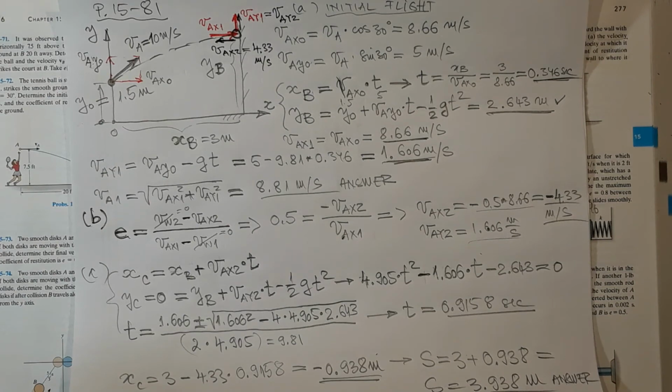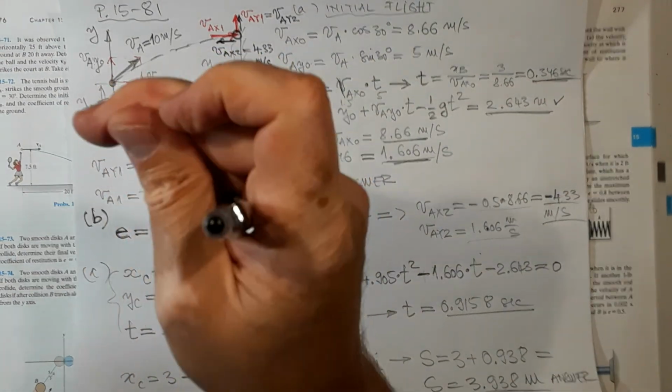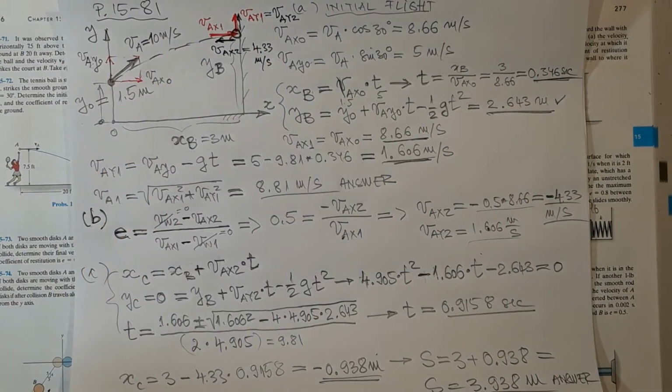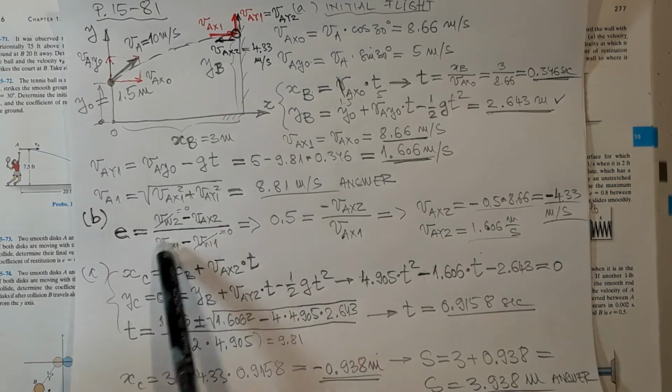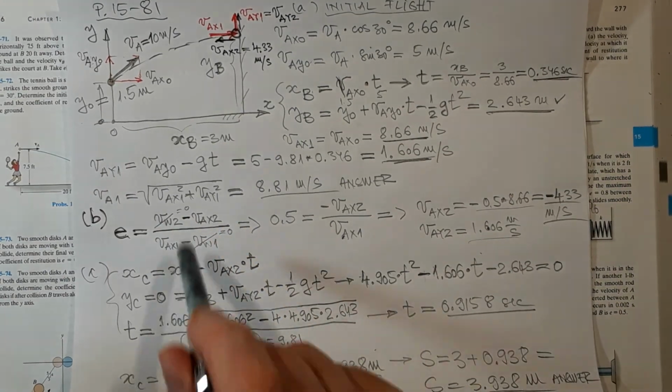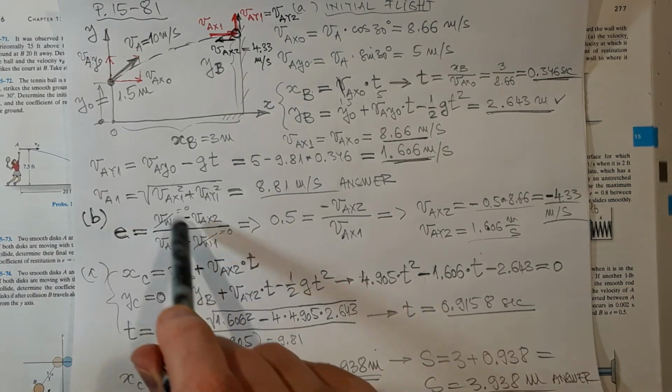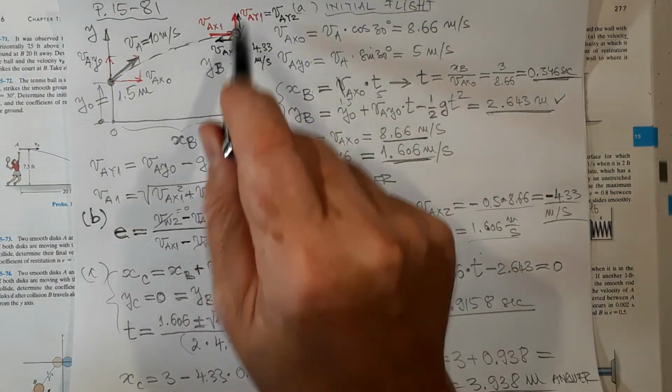For that kind of problem, likewise, you write the coefficient of restitution, but of course the wall is no longer going to have zero velocity. It has some velocity, and usually that's unchanged.